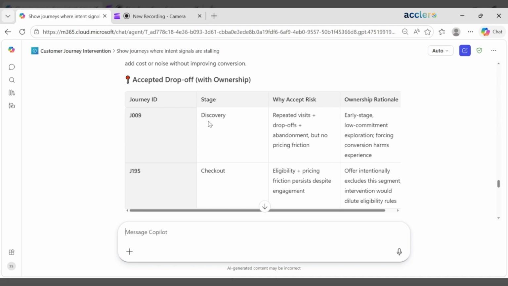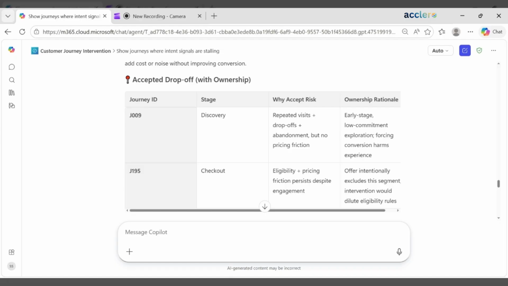In J009, the early-stage discovery intent is inconsistent, so the intervention ROI is low. In J195, the checkout friction is structural and tied to constraints, making it very difficult to resolve immediately.